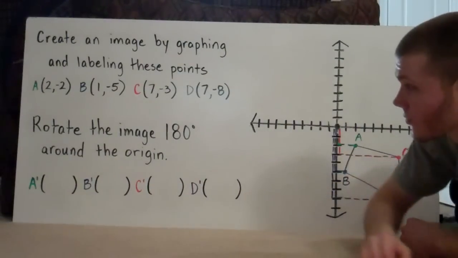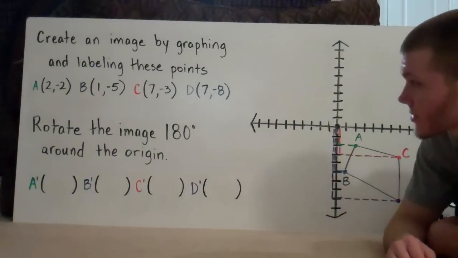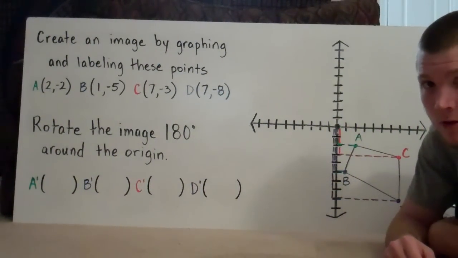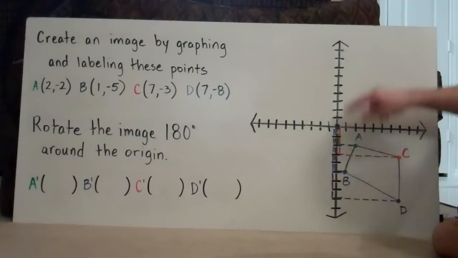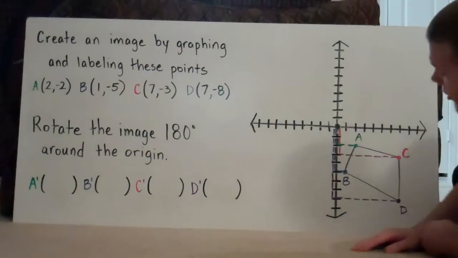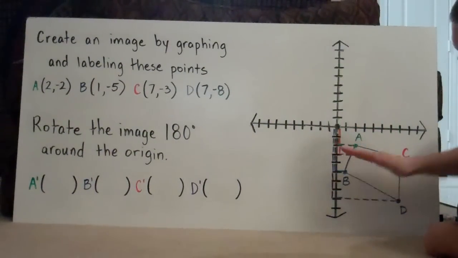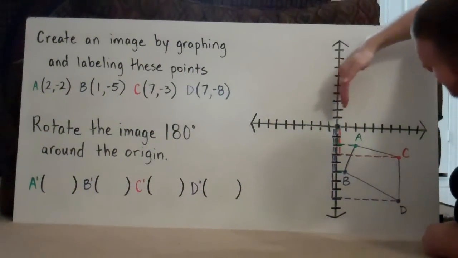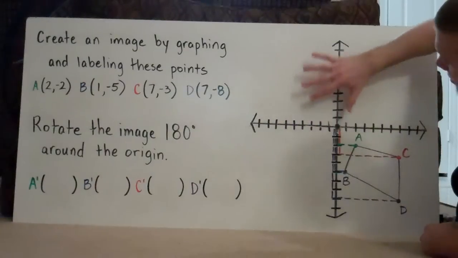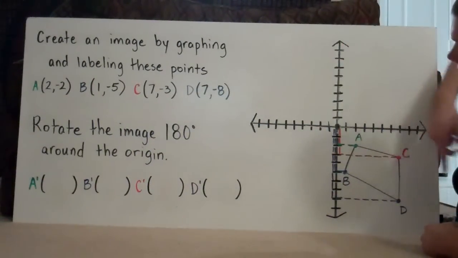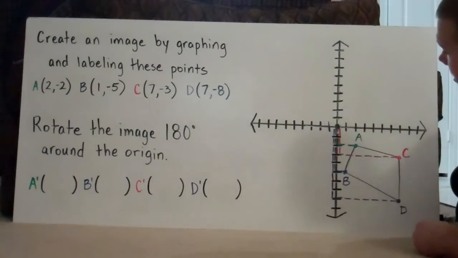Now we need to rotate the image 180 degrees around the origin. Well, class, remember, 180 degrees is just a straight line. So we're rotating this here, 90, 180. Our image is actually going to end up on the opposite side. 180 degrees, it's a straight line. Boom, right there.